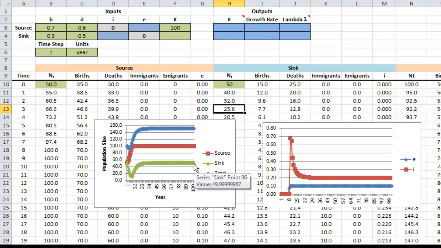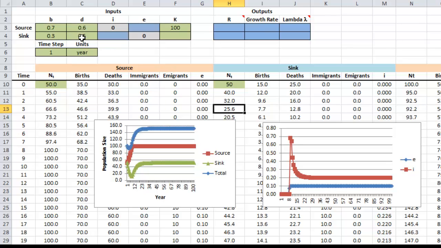How about the total? The total started off at 100 individuals. Then it actually dropped a little bit because the sink was losing individuals faster than the source was gaining them. So the source rate of growth, if we just figured these were isolated populations, is an increase of 0.1 individuals per individual per year.